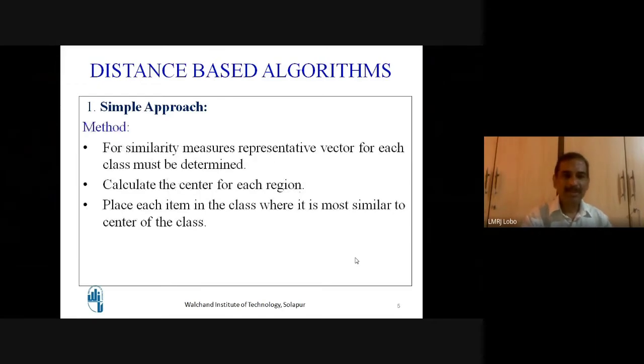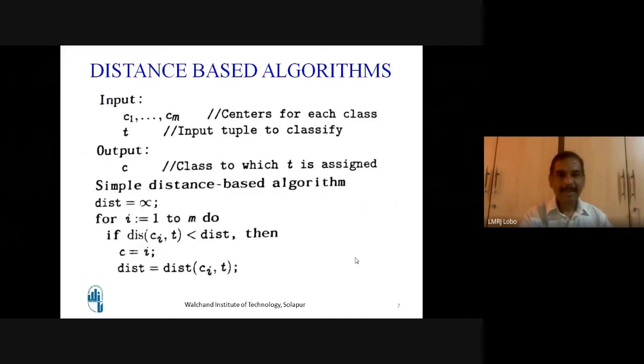So what is the method used here? For the similarity measure representation, we create a vector for each class which we have to determine, and we calculate the center for each region, and we place each item in the class where it is more similar to the center of the class. So we find the distance between our item value and the center of the class value. The centers of all the classes are calculated.